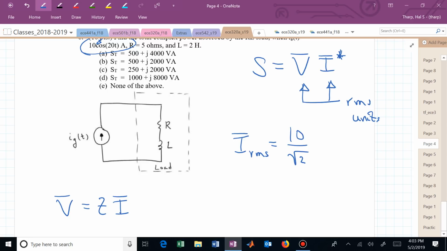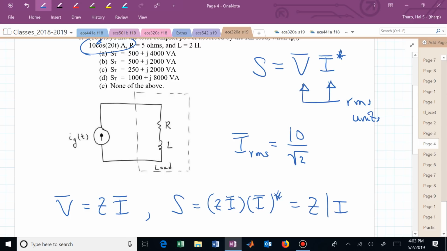So now if I used that in my S formula, I just have to have the impedance and square the magnitude of my current. And I have the current.